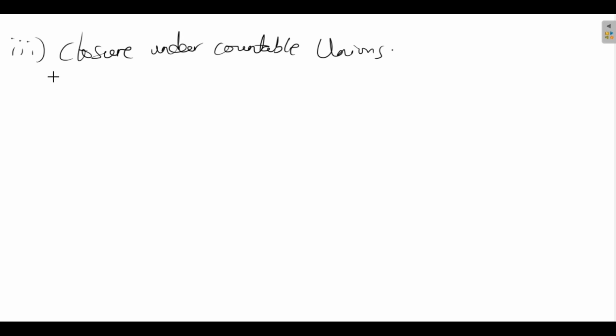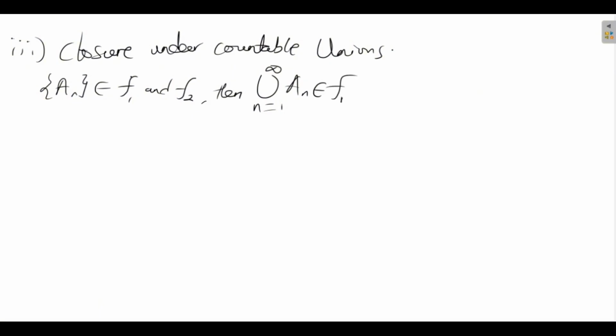That one says that if you have any sequence AN which belongs to a sigma algebra, let's say F1 and then F2, if the sequence AN belongs to F1 and F2, then we can say that the union from n equals 1 to infinity of AN belongs to what? F1 and then F2. That is what the property says.